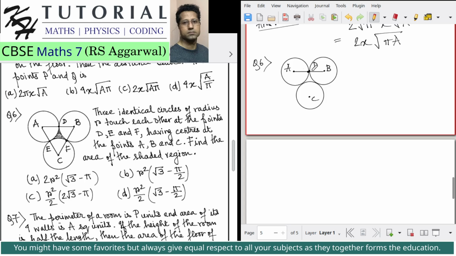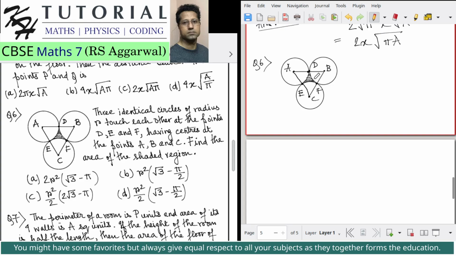Similarly, if this point is E, then AEC is collinear, and if this point is F, then BFC is collinear. Okay, we have to find the area of the shaded region, this region.